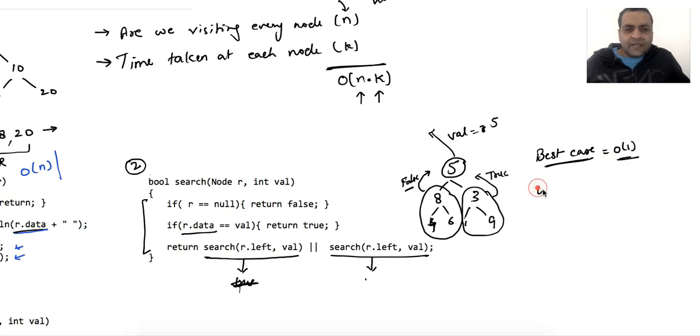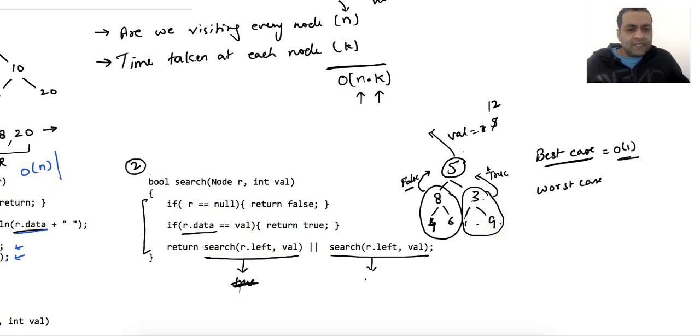And in the worst case, the data is not present in the tree. Let's say we are searching for 12. So 12 is not present in the tree. First we will search the entire left subtree. How do you search the entire left subtree? You will visit each and every node and check the data of that node against the value that we are looking for. So essentially we are visiting each and every node in the left subtree. Similarly, we are visiting each and every node in the right subtree.